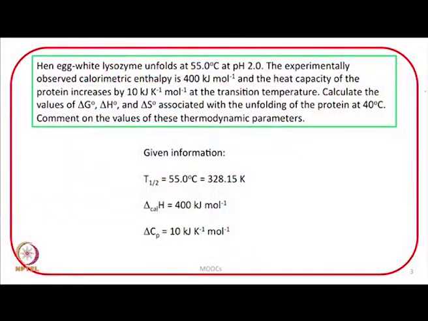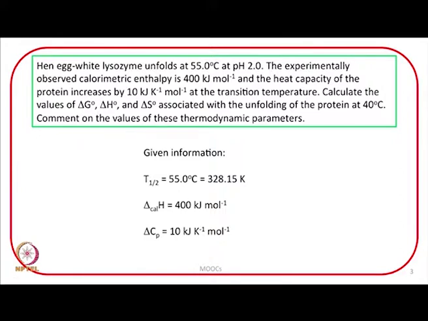Looking at this slide, the given information: T half is 55 degrees centigrade, that is the temperature where the transition is half complete, which is 328.15 Kelvin. Calorimetric enthalpy is given as 400 kilojoules per mole and delta Cp is given as 10 kilojoules per Kelvin per mole.